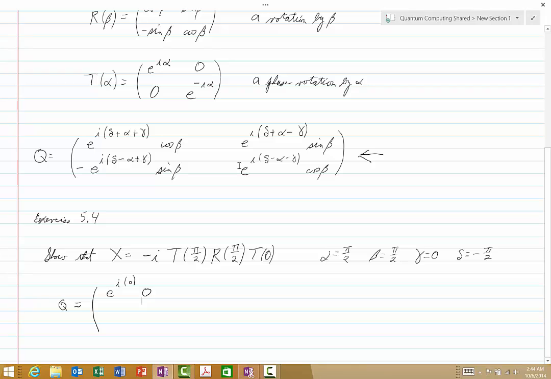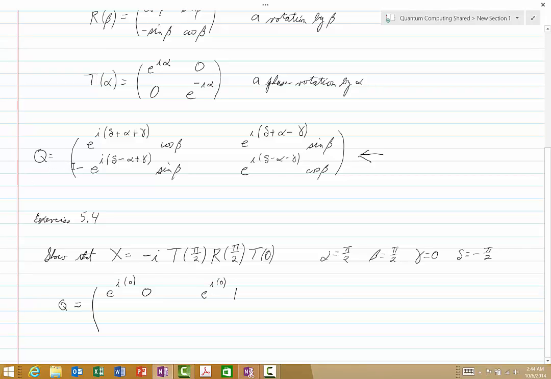Then the next term would be e to the i, delta plus alpha. Delta plus alpha is 0, minus gamma, which is 0, so again e to the i0. And then the sine of beta, well, the sine of pi over 2 is 1.